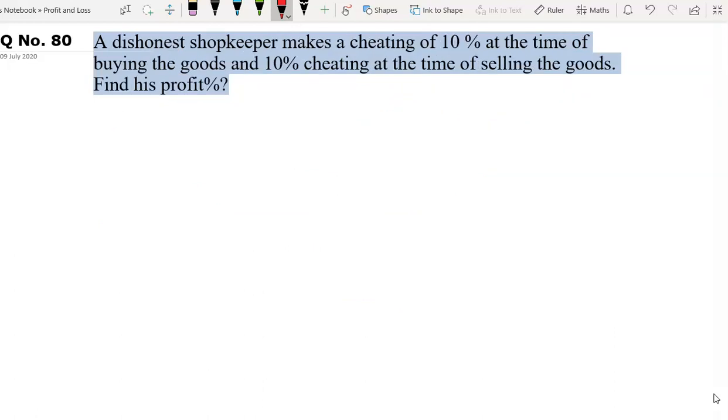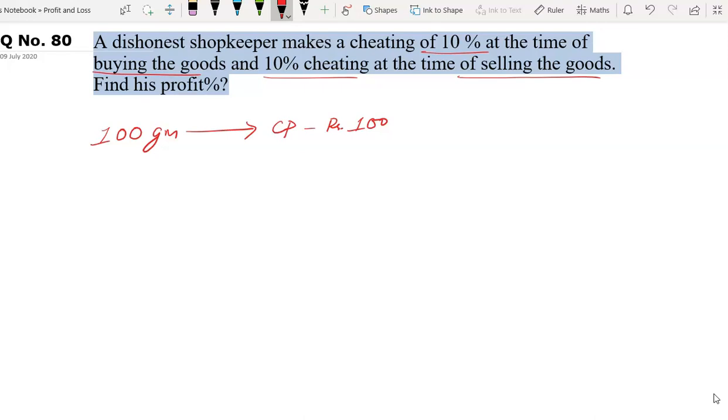Question number 80. A dishonest shopkeeper makes a cheating of 10% at the time of buying the goods and 10% cheating at the time of selling the goods. Find his profit percent. Let's say the shopkeeper buys 100 gram of goods and his CP is rupees 100. So 1 gram costs him rupees 1.